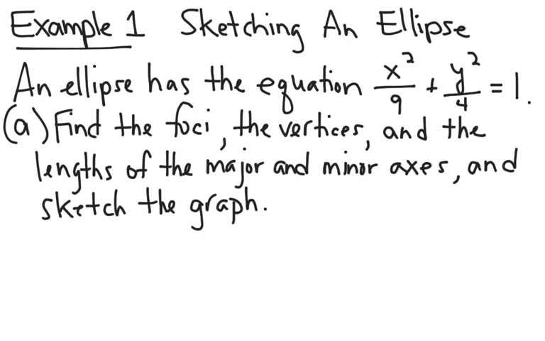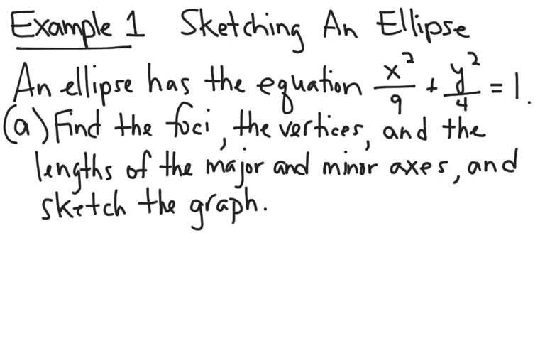Let's talk about sketching an ellipse and finding information from an equation of an ellipse. An ellipse has the equation x squared over 9 plus y squared over 4 equals 1. Find the foci, the vertices, and the lengths of the major and minor axes and sketch the graph. So this is what I want you to do when you look at an equation of an ellipse. Which fraction has the larger denominator?